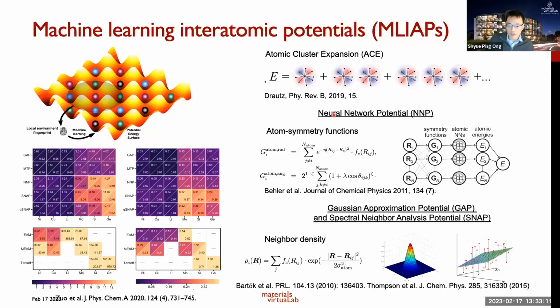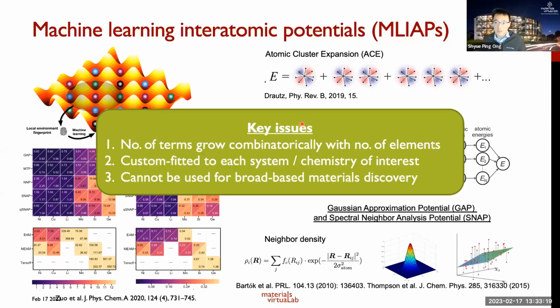So one of the things that is limiting, however, in terms of machine learning interatomic potentials is that the number of terms for all these formalisms grow combinatorially with the number of elements. In other words, you can actually build machine learning interatomic potentials for fairly complex chemistries.